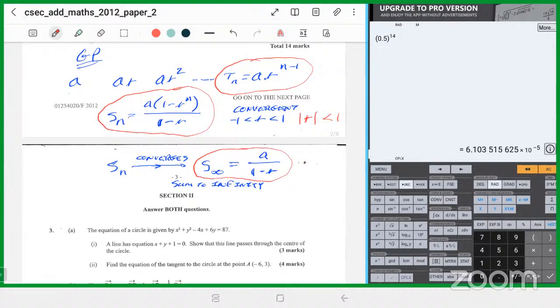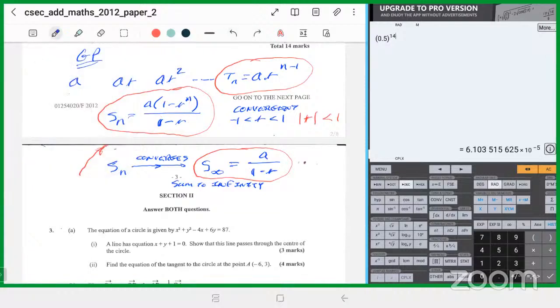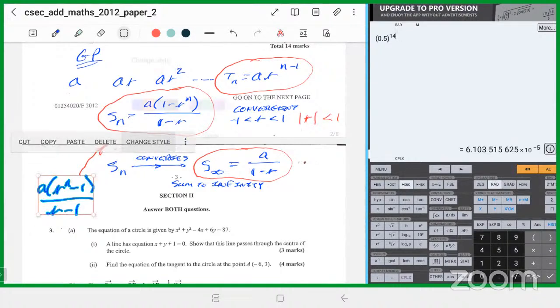For this one, remember, I can switch these around and write it as a into r to the n minus 1 over r minus 1. So this one can be written like that as well. It's just a matter of looking at the past paper to see which one is given.